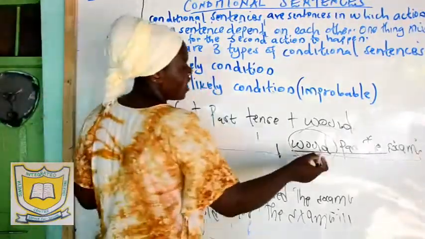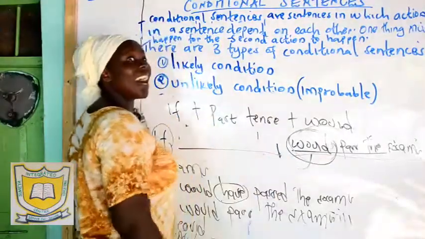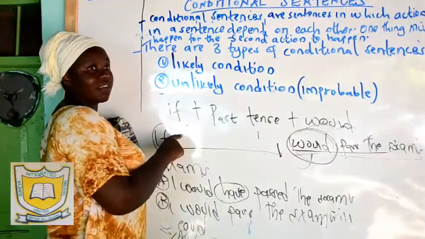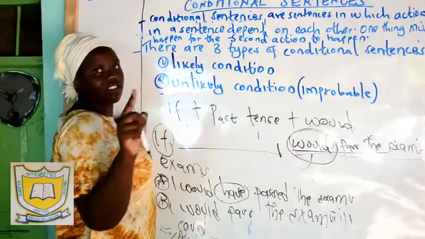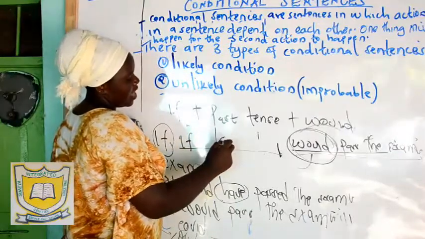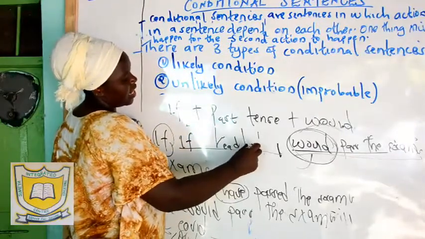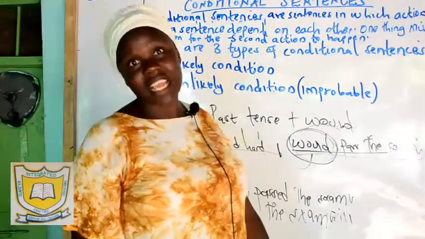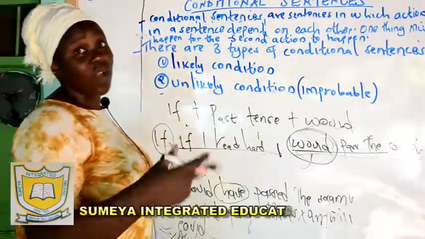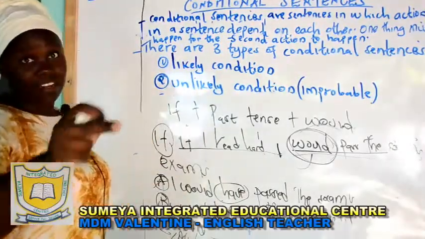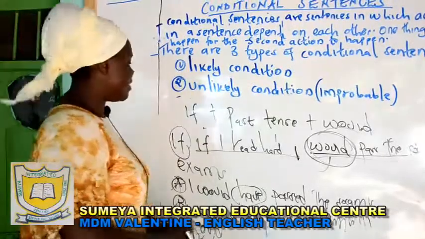My sentence does not have a "have" in it, which means here I should have a past tense to make it the unlikely condition. So I'm going to say, "If I read hard, I'll pass the exam." It's called the unlikely condition. The two actions are likely not to take place, but there's a small probability that one of the actions can take place.